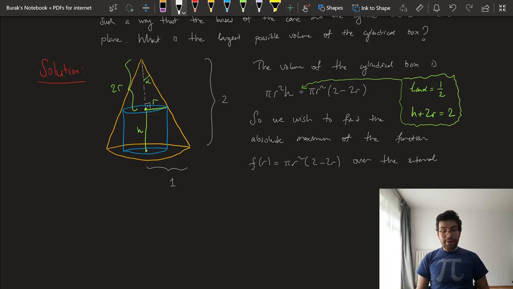As you can see from the picture, the radius of this cylindrical box can be at most 1, and it cannot be 1 because in that case the height has to be 0, so it would be a degenerate case, which I want to exclude.